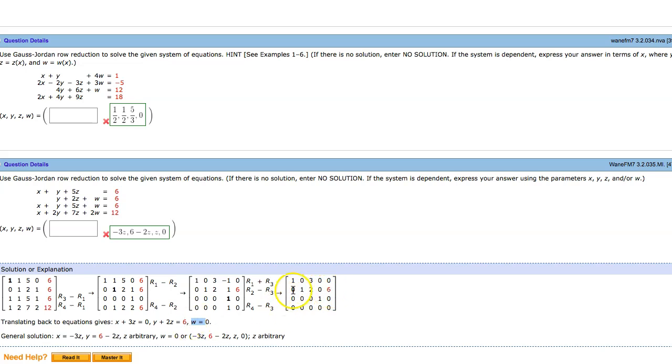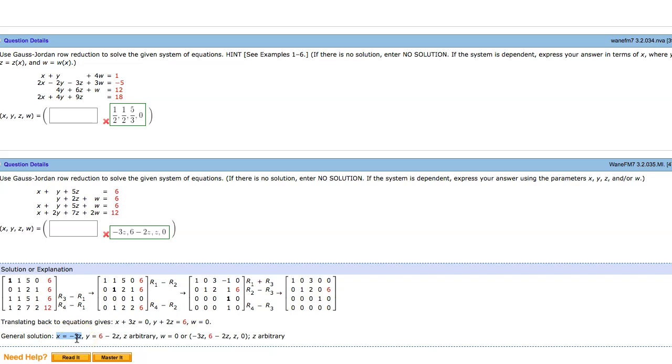So 1y plus 2z equals 6. And we have 1x plus 3z equals 0, because we just get 0 here in the solution column. That's the same thing as x equals neg 3z.